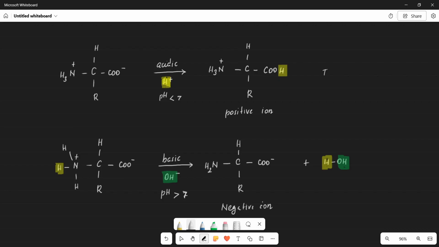Basically, there is a pH at which neither the positive ion nor the negative ion is dominating.